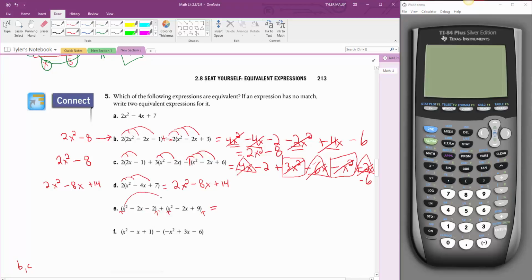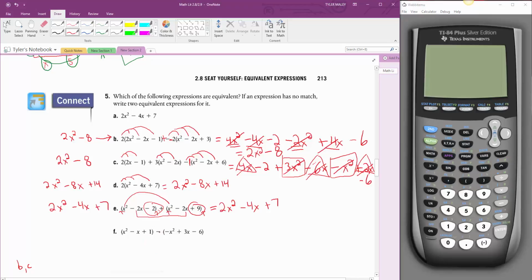So I have x squared and x squared, so this gives me 2x squared. Then I have negative 2x and minus 2x, so I get minus 4x. And then negative 2 plus 9 gives me plus 7. So we get 2x squared minus 4x plus 7.